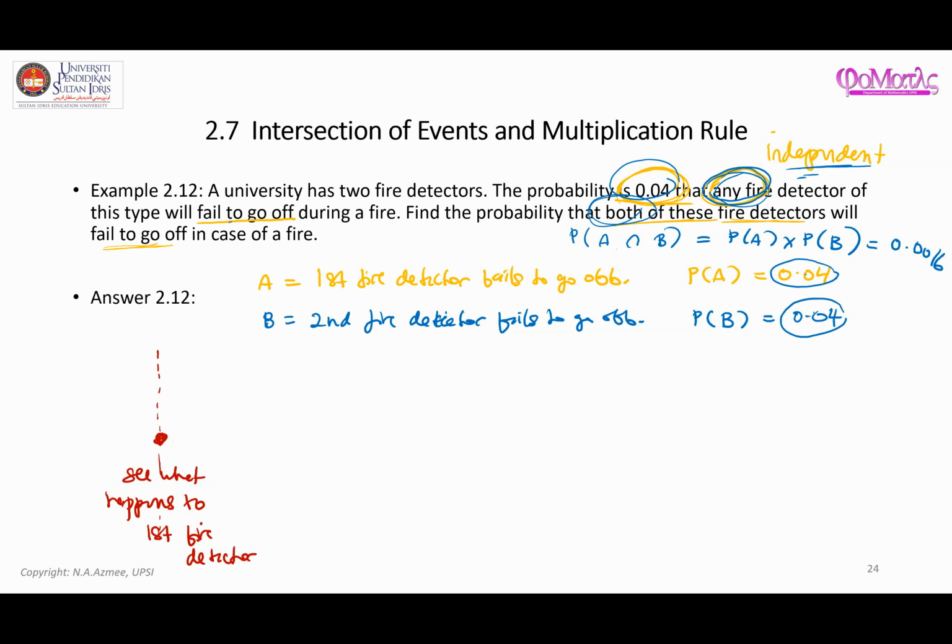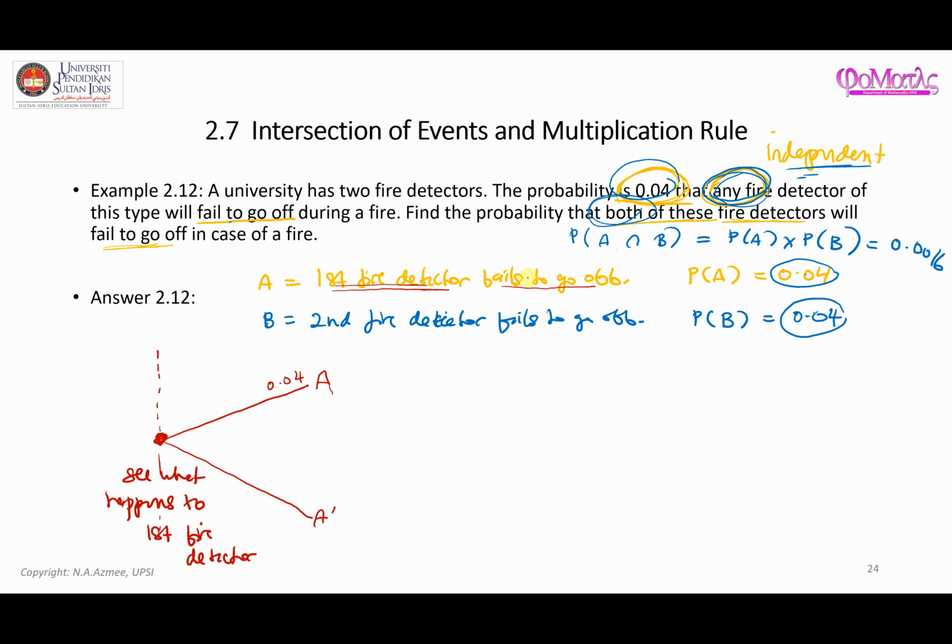So at this point, you can see that A might happen. There are two options here, A or A prime. A here is the event where the first fire detector fails to go off, and the probability of that happening is 0.04. A prime here basically means the first fire detector will go off.